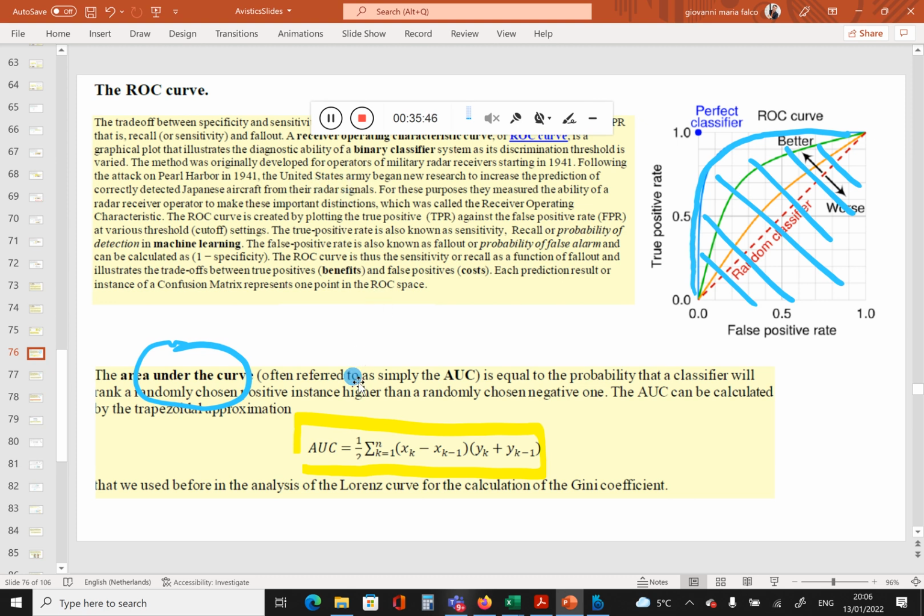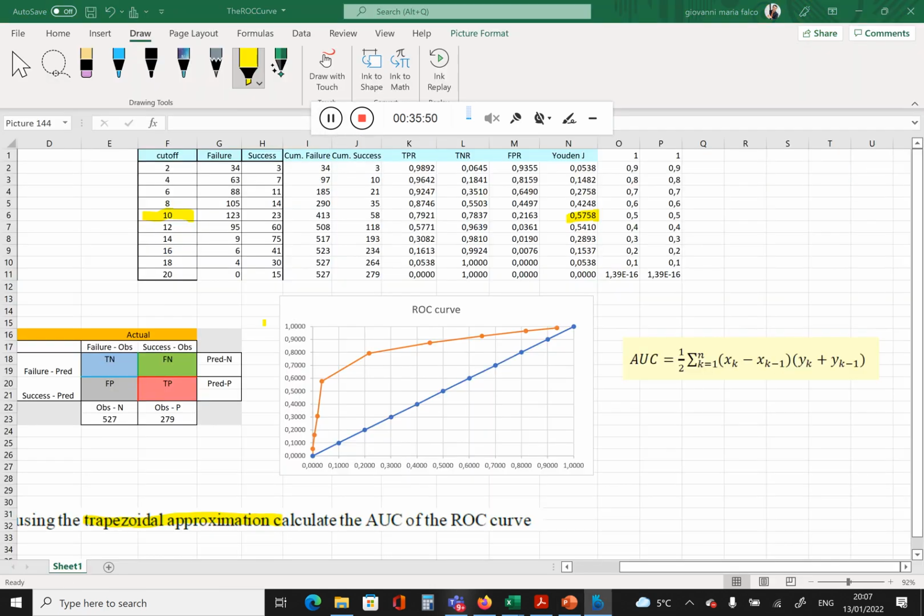I take the formula over into my Excel file, and we proceed implementing it as we did in the calculation of the Gini coefficient for the Lorenz curve. So I want to sum from k equal to 1 up to n, where k equal to 1 will be this line.